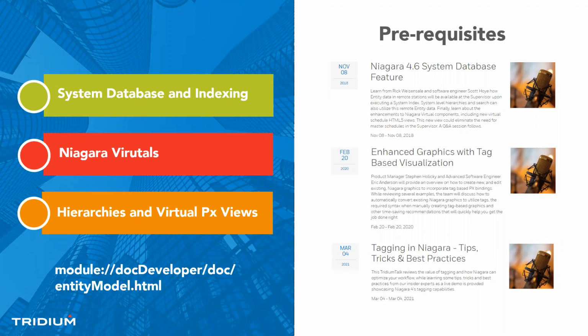And then the last little note down there at the bottom, the entity model. If you need to go all the way back to when Niagara 4 came out, the underlying concept to all of this is the fact that a Niagara station in Niagara 4 is now modeled to represent a building.